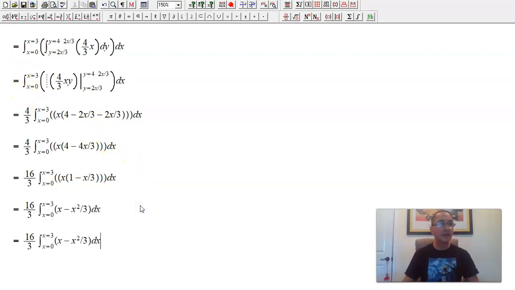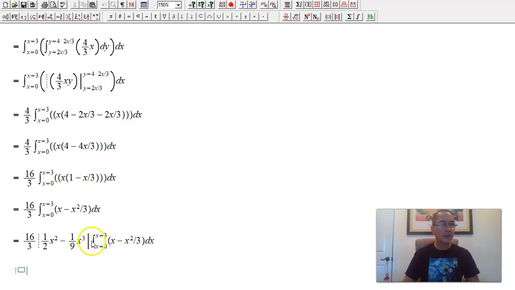But to do so, we're going to need the evaluation symbol. So let me borrow that here. And there we go. So we will integrate. We will get 1/2 x squared minus 1 over 9 x cubed, I do believe.